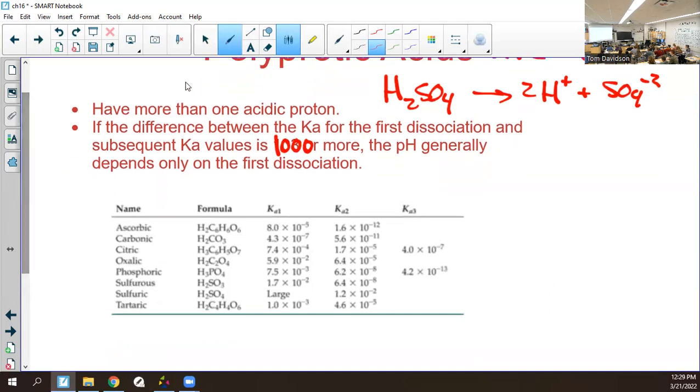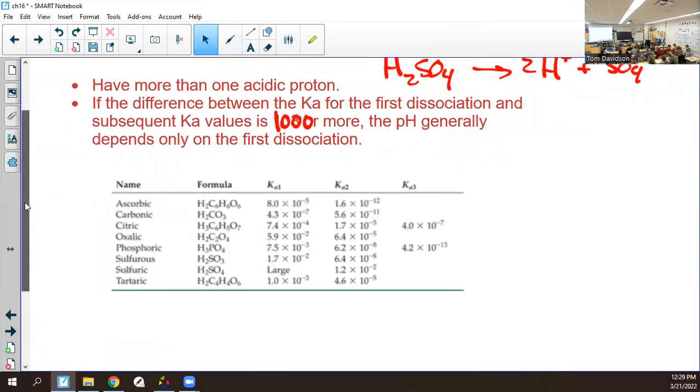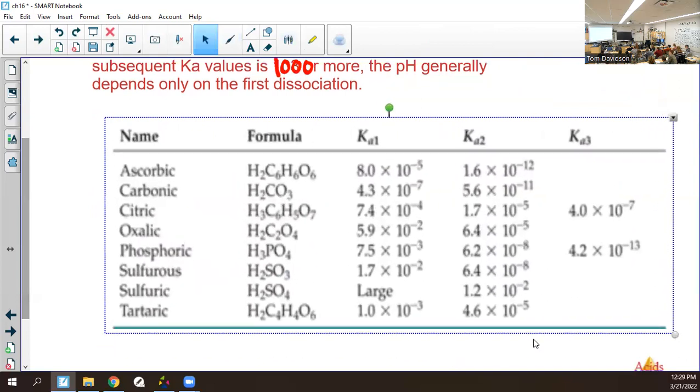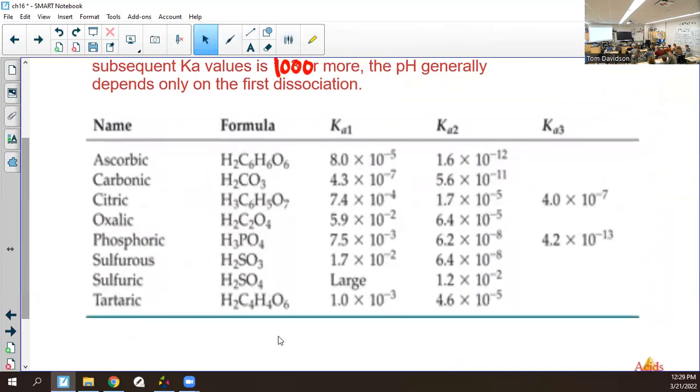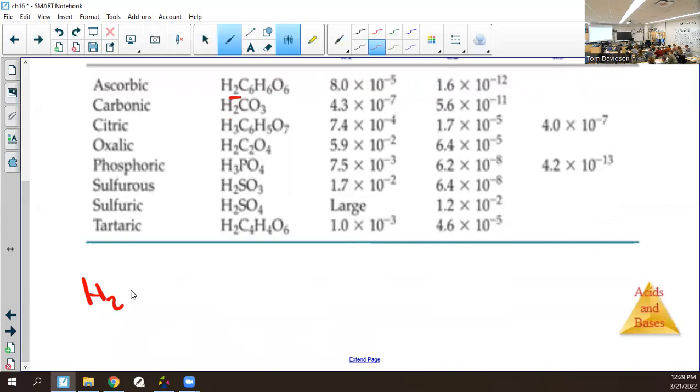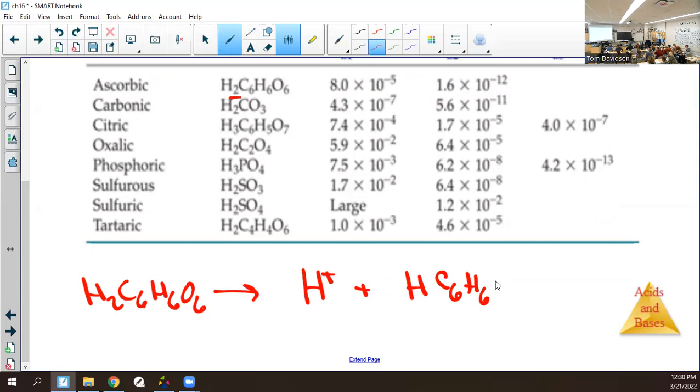So here we have ascorbic acid. That is vitamin C, in case anyone cares. So it has two H's. The first one is 8 times 10 to the negative fifth. That's its Ka. So what we're saying is H2C6H6O6 goes to H plus and HC6H6O6 minus.